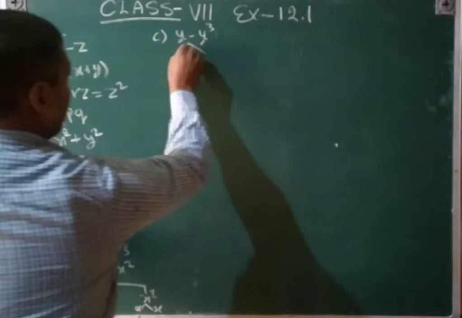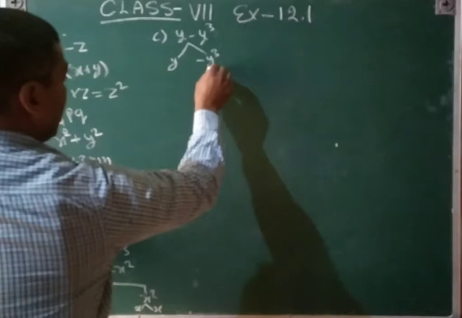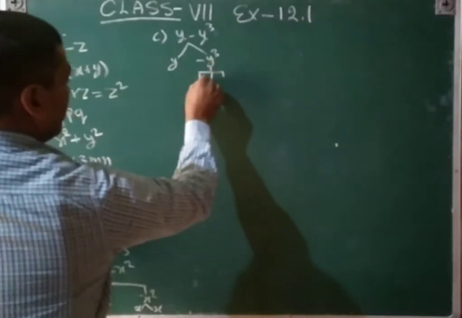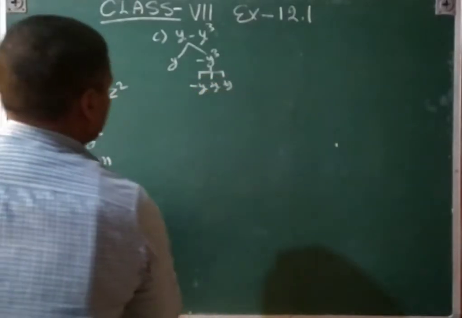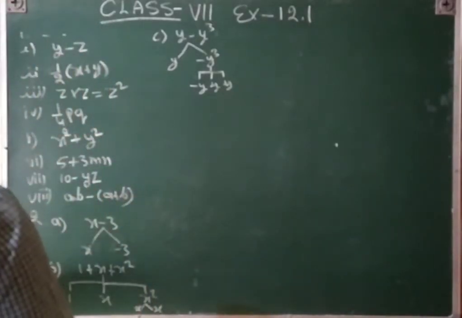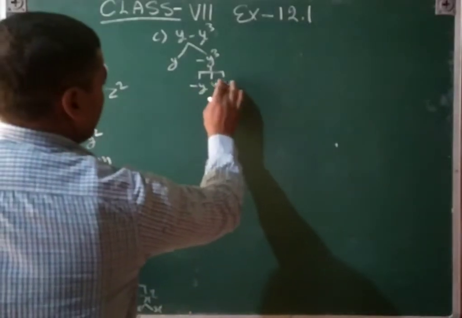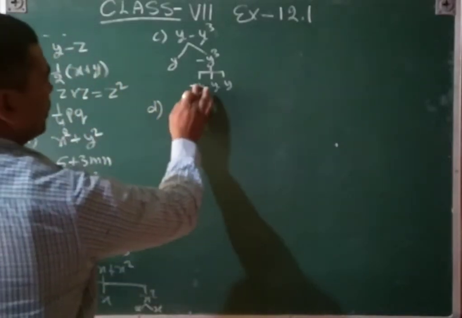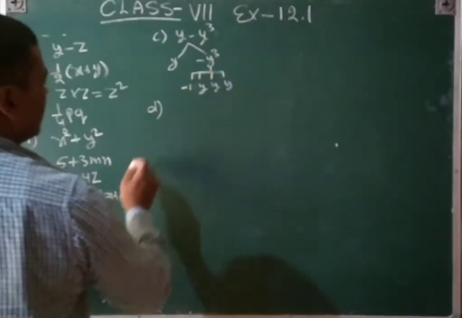So y and minus y power 3. Again we will see 3 steps, because minus y you can write here, and then y, or you can write minus y. No problem, because 3 times minus is there. So one time you can write minus and another time no need to write the minus. You can write 1 also; if you don't want to write it, you can write minus 1, no problem.